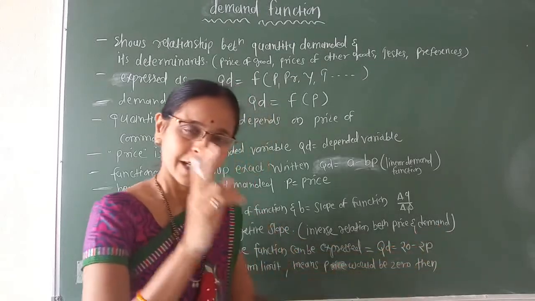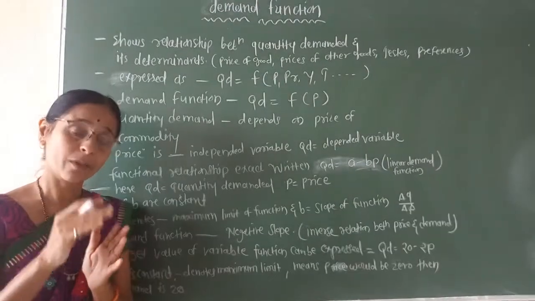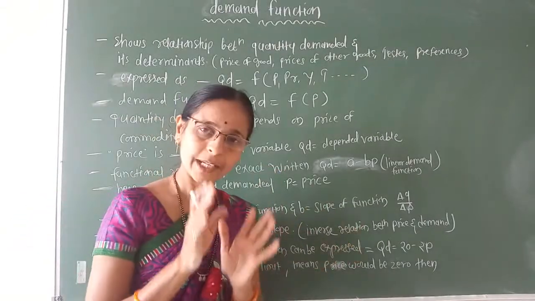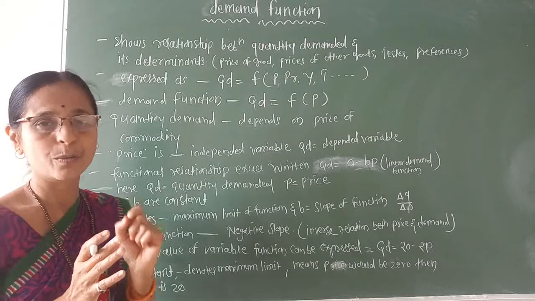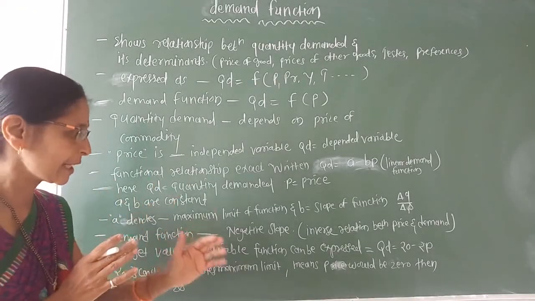If the price of the commodity increases, the demand for that commodity decreases, and if the price decreases, the demand increases.